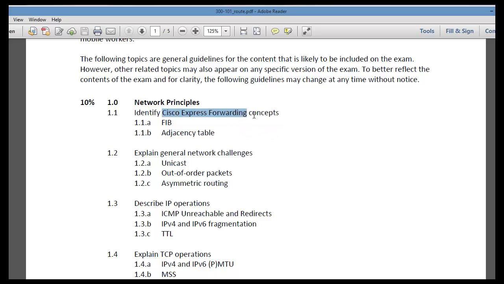Earlier, this topic was part of CCIE Routing and Switching. But now, since it's included in CCNP 2.0, we need to understand what Cisco Express Forwarding is, how it works, and where it is used. The subcomponents of Cisco Express Forwarding are the FIB and then the adjacency table.